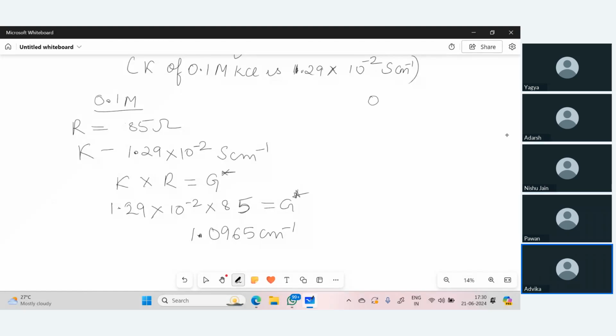Advika, what should be the next step? We have to find conductivity. So how can we find that? We found G star, and the resistance is 96 ohm. So conductivity is G star by R. 1.0965 divided by 96.